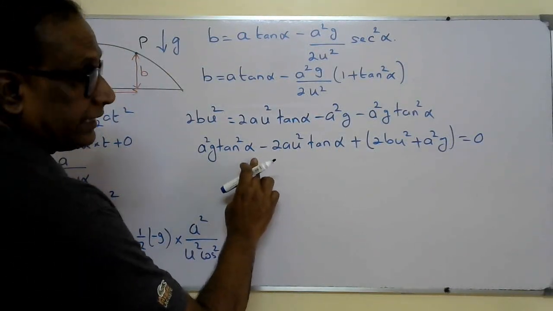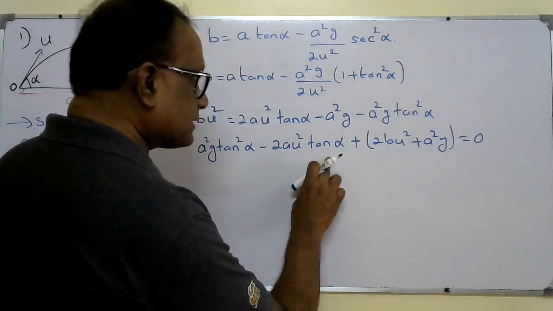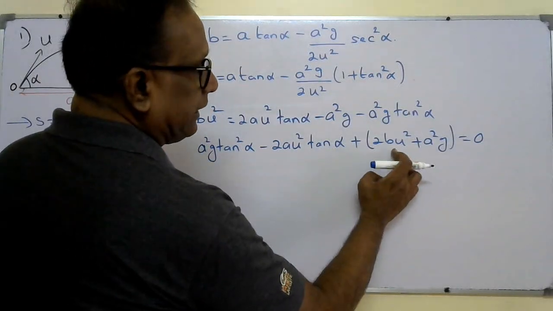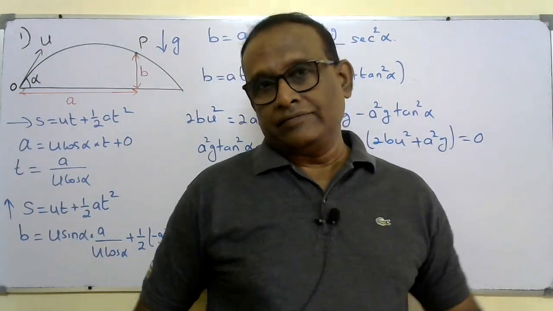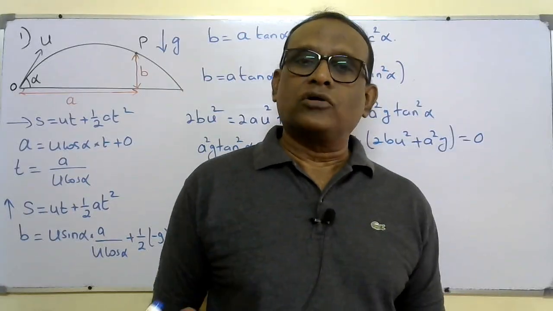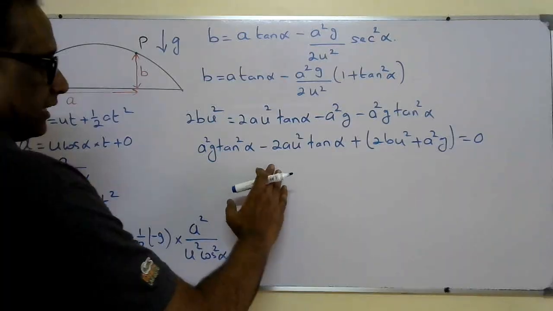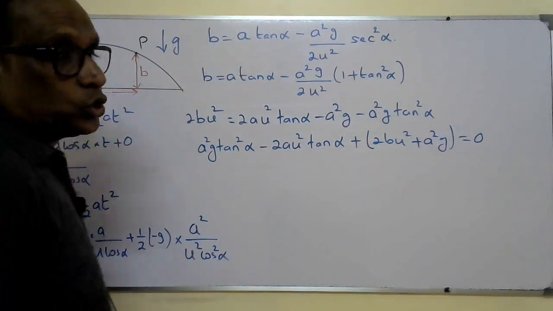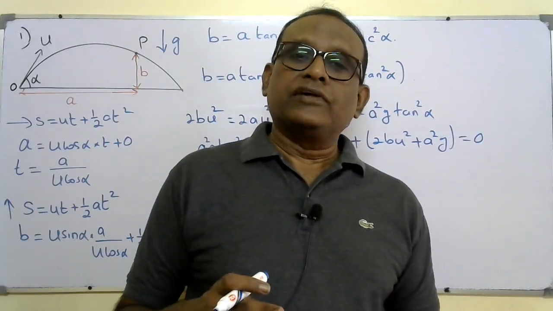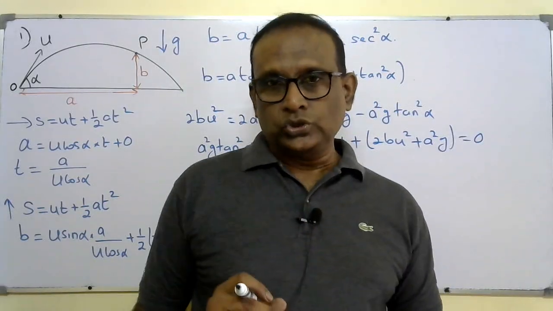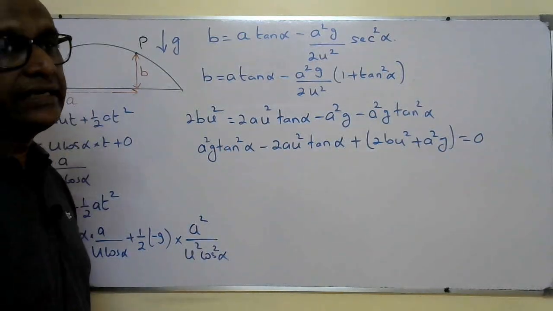If I imagine tan alpha as x, then b, u, a are all constants for a given speed, height and distance from O. So the roots, if the angles of elevation are alpha 1 and alpha 2, will be tan alpha 1 and tan alpha 2.